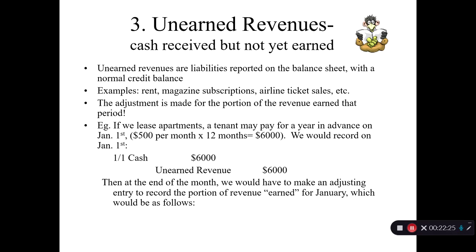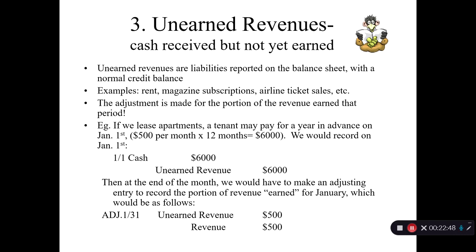So at the end of the month of January, when we go ahead and prepare our financial statements, the adjusting entry that we'd have to make on our books for this particular entry would be to debit unearned revenue for $500 for that 1 month. We're going to decrease the unearned revenue account, and we're going to move it into an earned revenue account, $500.